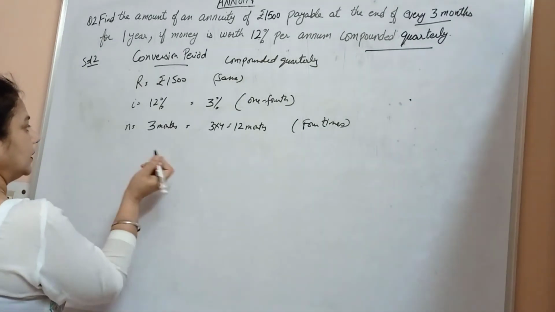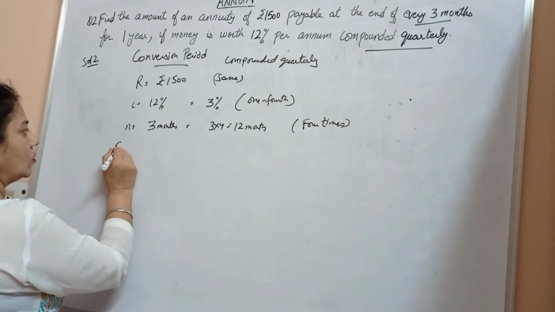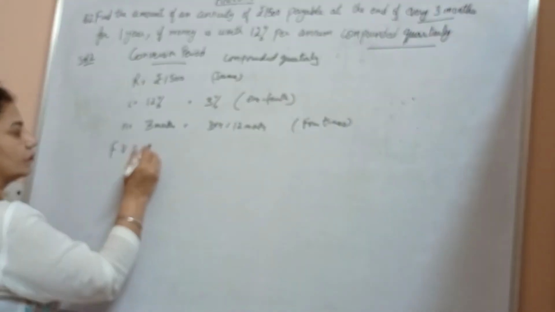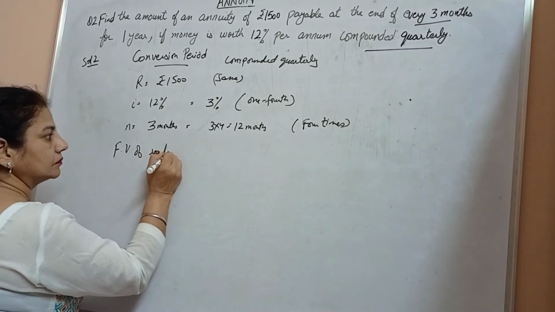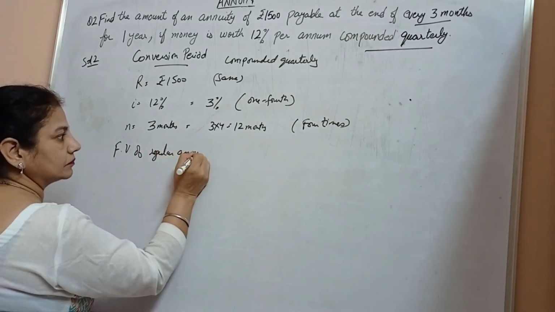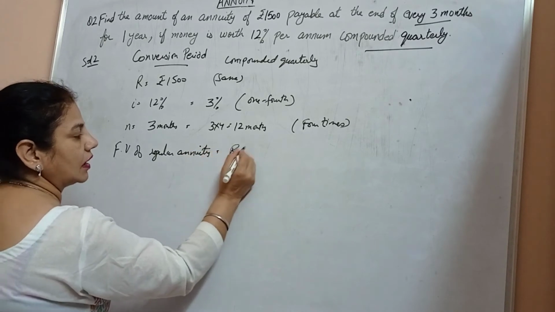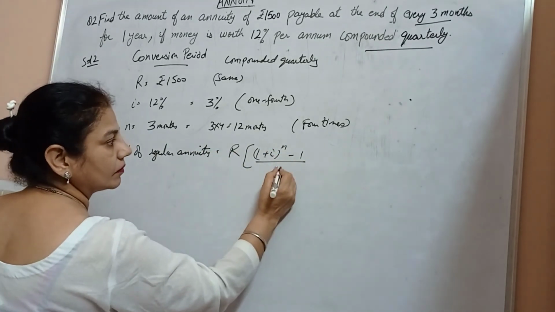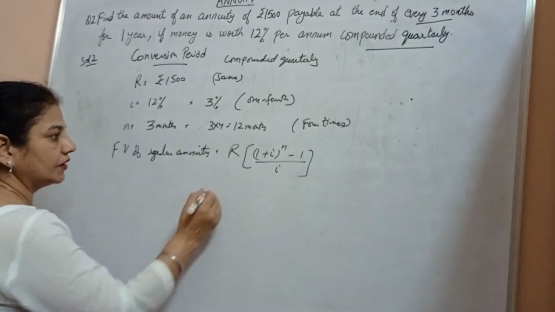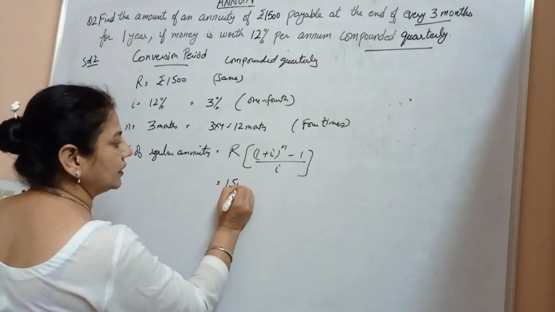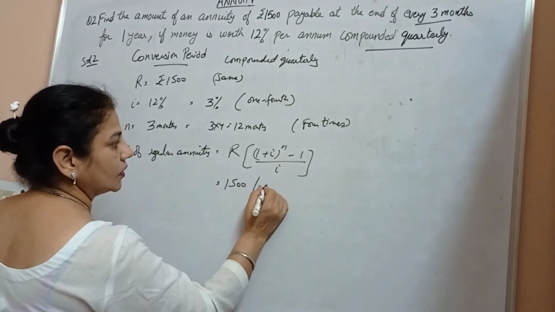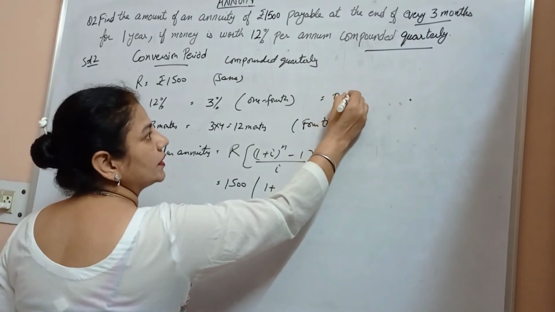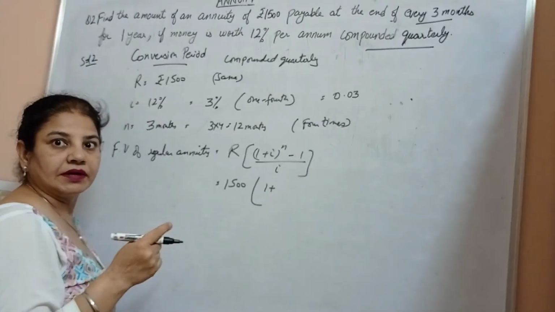Now apply the formula. We know that the amount, or future value, of a regular annuity is given as R times (1 plus I) whole to the power n minus 1, upon I. So here we have R is 1,500. 1 plus I, where I is 3%, that means 0.03, as 3 upon 100 means 0.03.